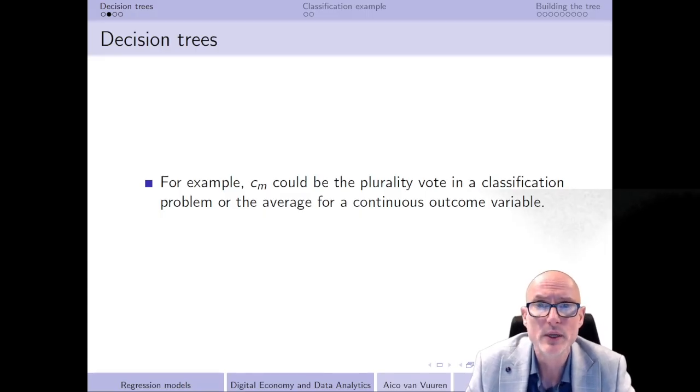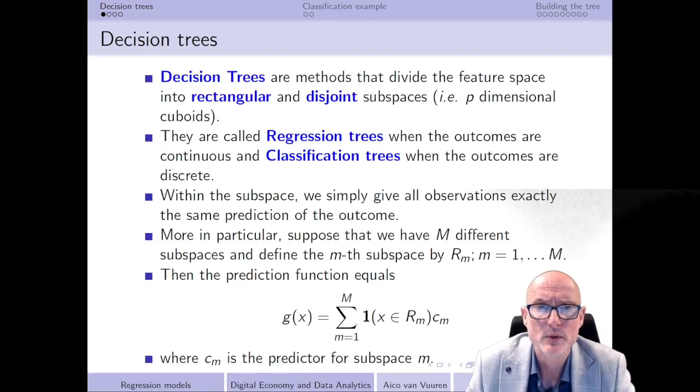Well, we can do that in this case as well. We could simply take that class within the subspace that is the most frequent, for all the Rm subspaces, and that we can do with respect to the Cm.